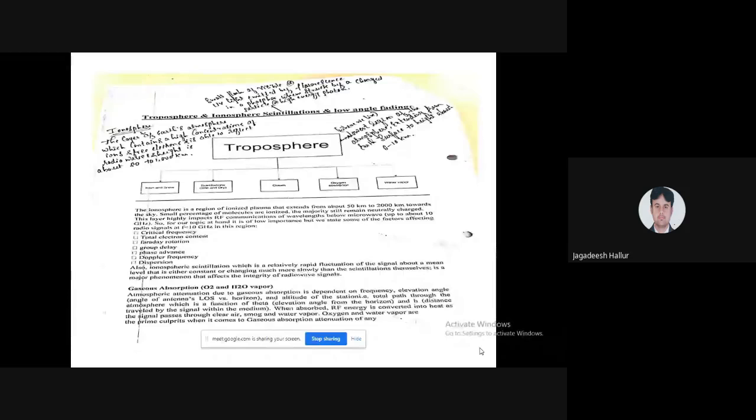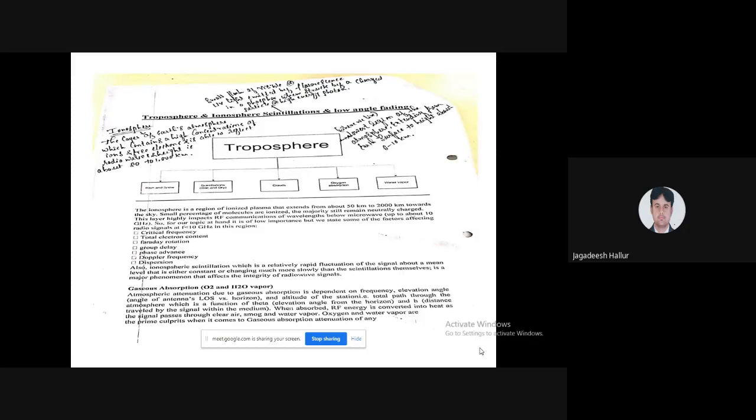Also ionosphere scintillation is a relatively rapid fluctuation of the signal about a mean level, that is either constant or changing much more slowly than the scintillation itself. It is a major phenomenon that affects the integrity of radio signals. These signals affect a particular troposphere, with rapid fluctuation of the signal.